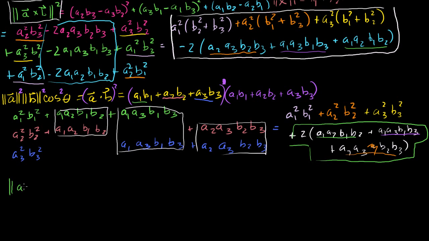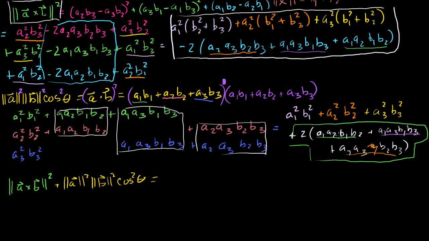We get the length of a cross b squared, and we're going to add to that this expression right here: plus the length of a squared times the length of b squared times the cosine of the angle between them squared. What's that going to be equal to? It's going to be equal to this thing plus this thing.